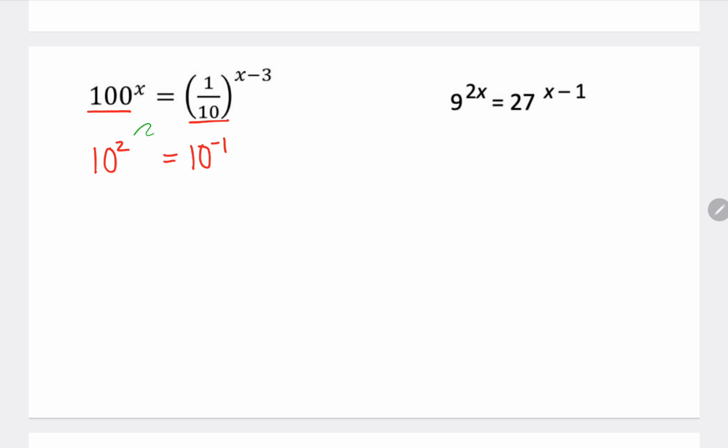But we've got to keep these exponents on. So this one had an exponent of x, and 1/10 had an exponent of x minus 3. Now that the bases match, we have base of 10, base of 10, we can set the exponents equal to each other. 2x equals negative 1x plus 3, which means x equals 1 again.